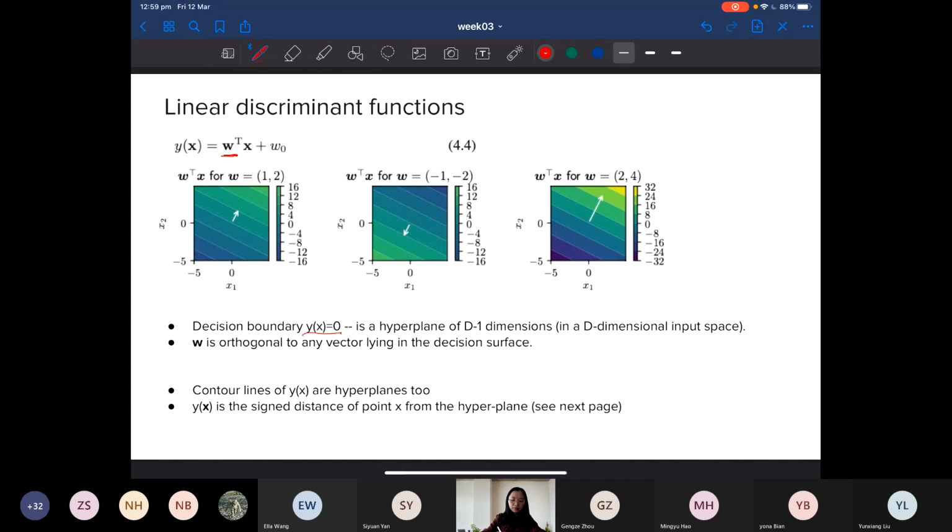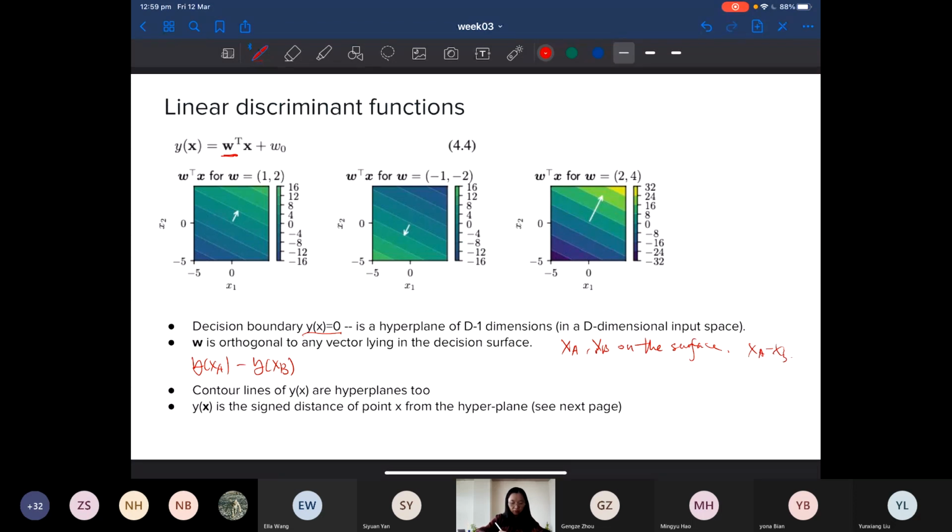Assume there are two data points xa and xb on the decision surface, which means y of xa and y of xb are both zero. The vector on the decision surface will be xa minus xb.